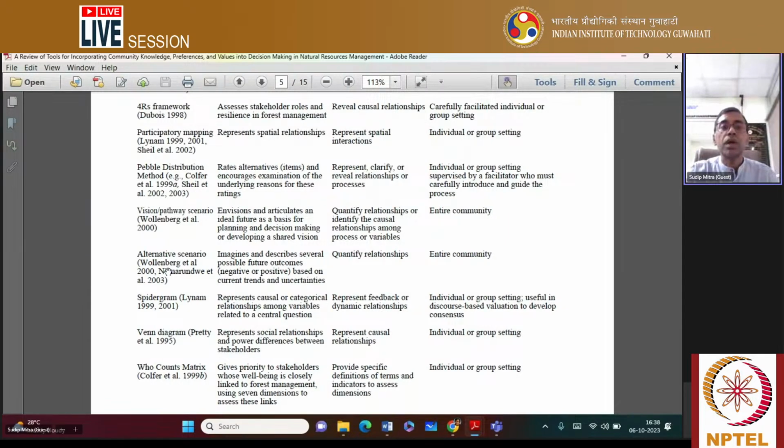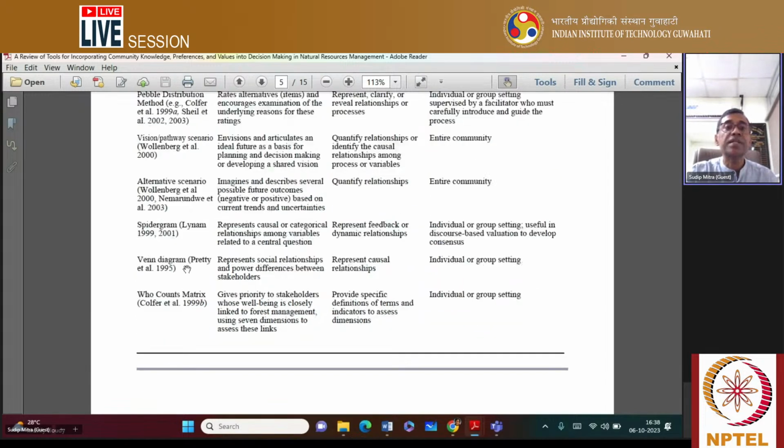What it does is it imagines or describes several possible future outcomes. Some of them could be positive, some of them could even be negative outcomes. Okay, but these will all be based on current trends and different uncertainties. And for the alternative scenario tool also, it considers the entire community.